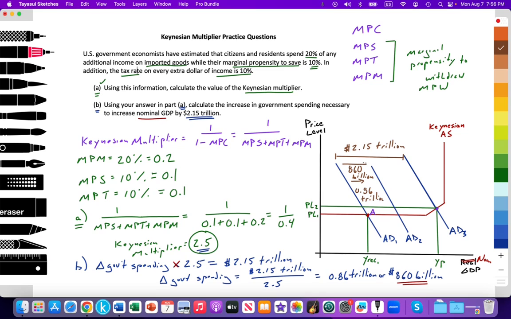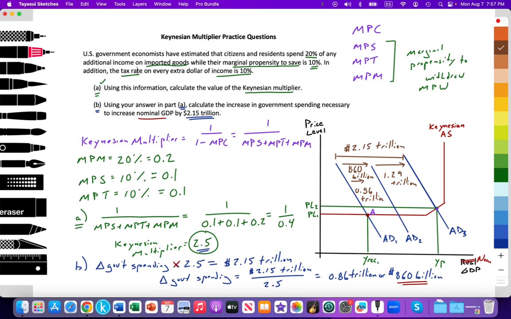So here we have that autonomous spending. We would call that autonomous spending, and that would lead to induced spending. And so 2.15 minus 0.86, the induced spending would be 1.29 trillion. So the government only needs to expand fiscal policy, expansionary fiscal policy of 860 billion.